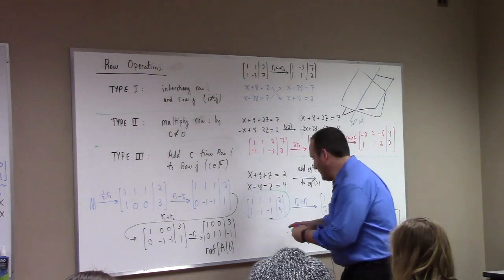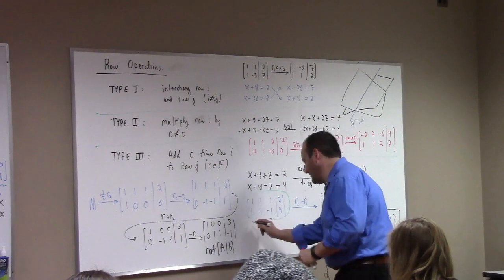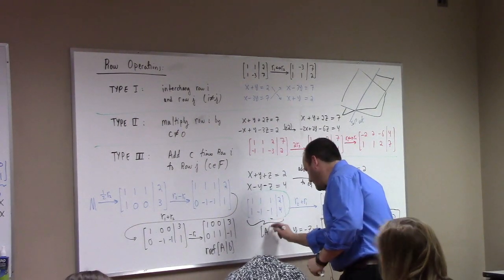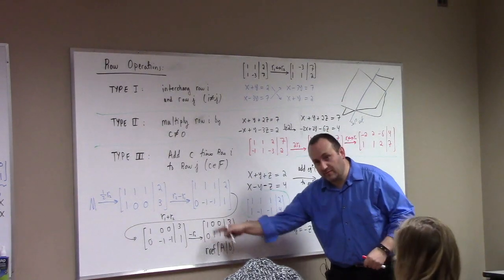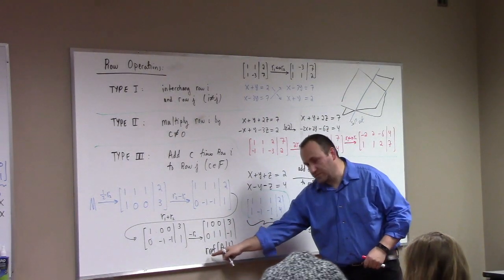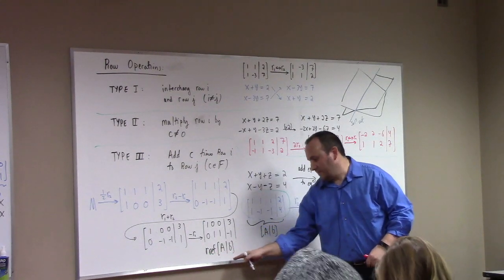So this right here is the original system's augmented coefficient matrix. So we did row operations and out popped this. This end result is the so-called reduced row echelon form, or RREF, of [A|b].